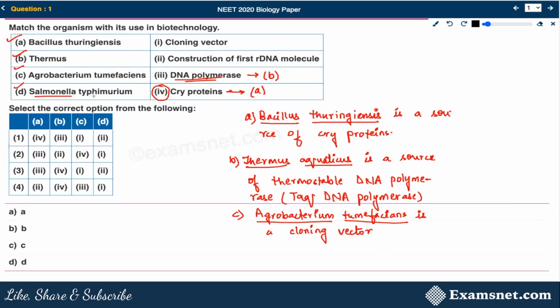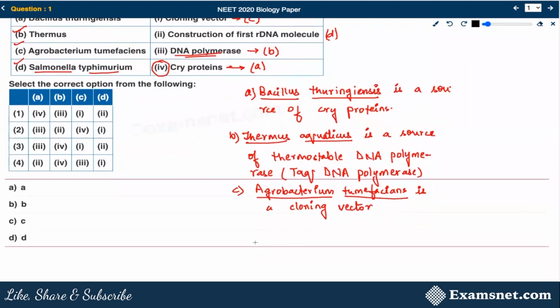The first ever construction of a recombinant DNA molecule was performed using a native plasmid of Salmonella typhimurium. So C was the option of 1 and Salmonella typhimurium will be option D.